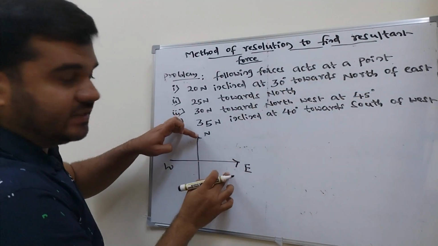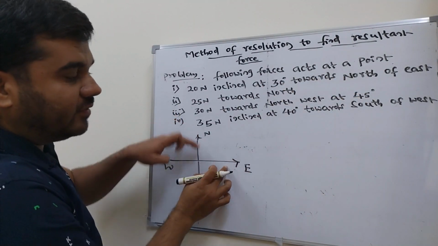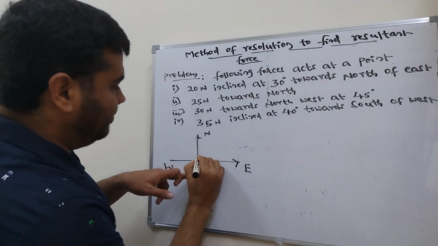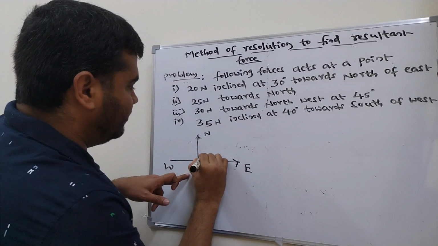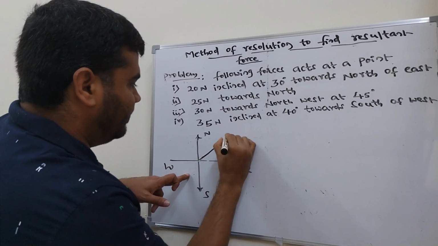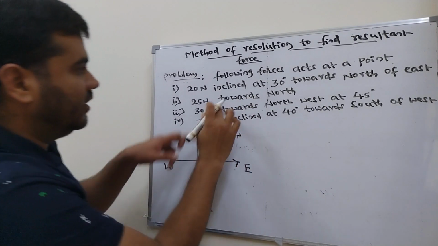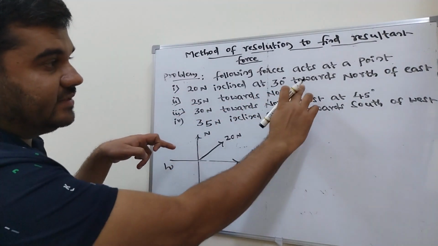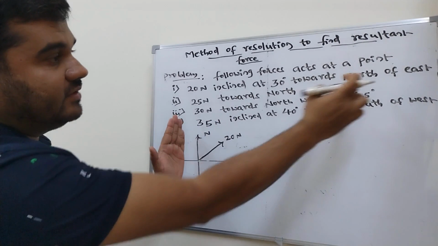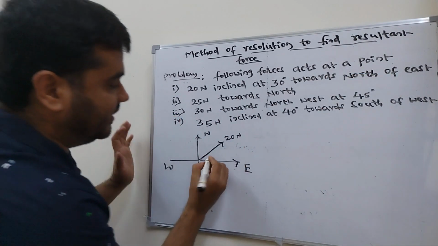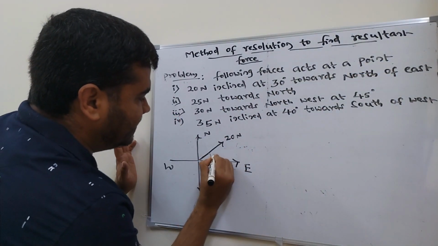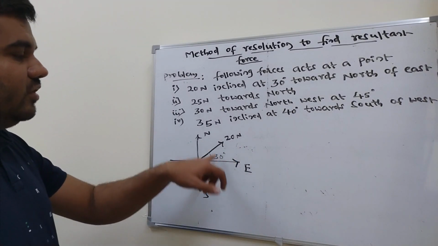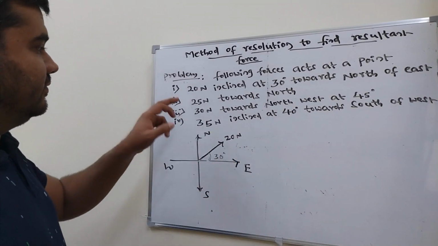It is towards north, but measured from the east at an angle of 30 degrees. So you draw it here. That is 30 degrees towards north of east. That is the first force.